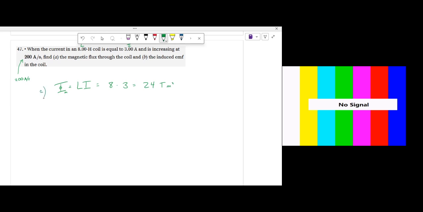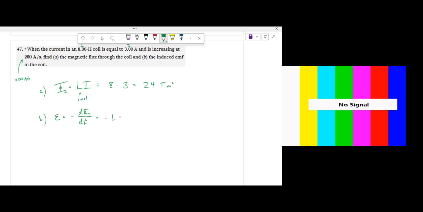That's part A, so this is not a difficult one, I recognize that. And part B, the induced EMF in the coil. We said induced EMF is equal to minus d phi dt. The inductance is constant.